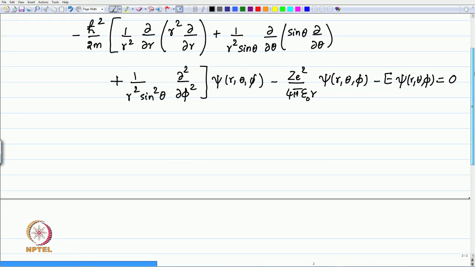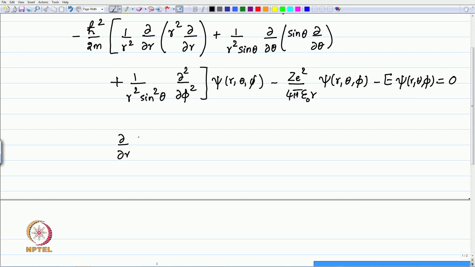notations here. When you write dou by dou r of r square dou by dou r of psi of r, theta, phi, what it means is a sum of two terms, namely the derivative with respect to r and the derivative with respect to the first derivative.